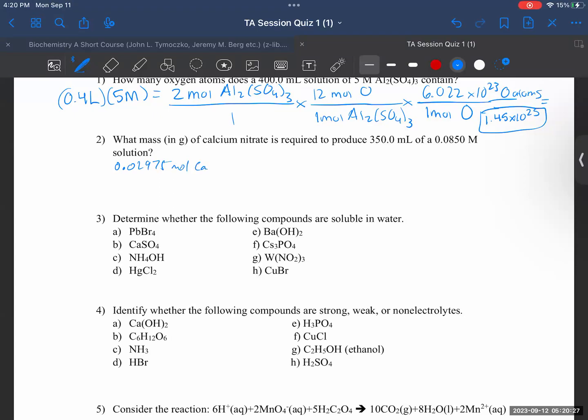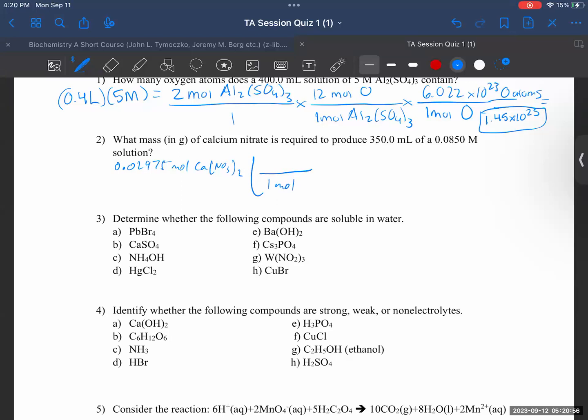What's the formula again for calcium nitrate? It's Ca(NO3)2. And how do we get from moles to grams now? Multiply by the molar mass. So what is the molar mass of calcium nitrate?